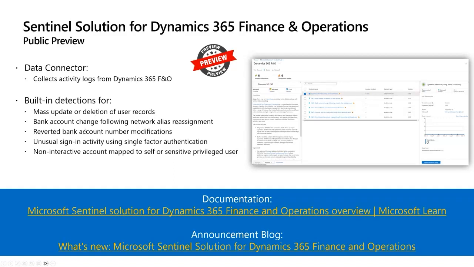So mass update or deletion of user records, that's maybe more infrastructure or settings related. Things that are more related to the business itself, such as bank account changes following network alias reassignment or reverted bank account number modifications, and things such as unusual sign-in activities using single-factor authentication, which shouldn't be used, and mapping of non-interactive accounts to self or sensitive privilege users.